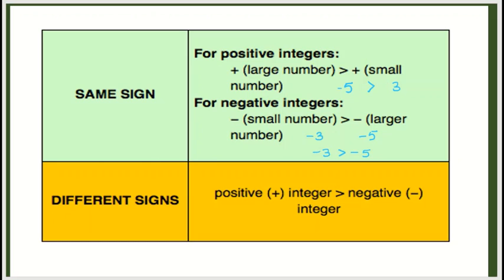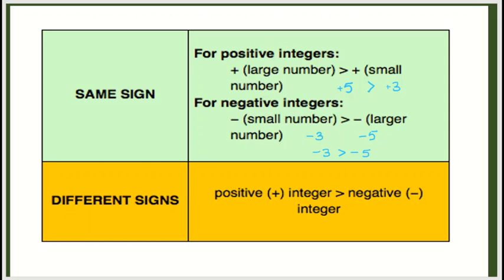When both integers have the same sign, either both positive or both negative: in the case of positive, the larger numeral value will be the greater integer, whereas when both are negative integers, the smaller numeral value will be the greater integer.